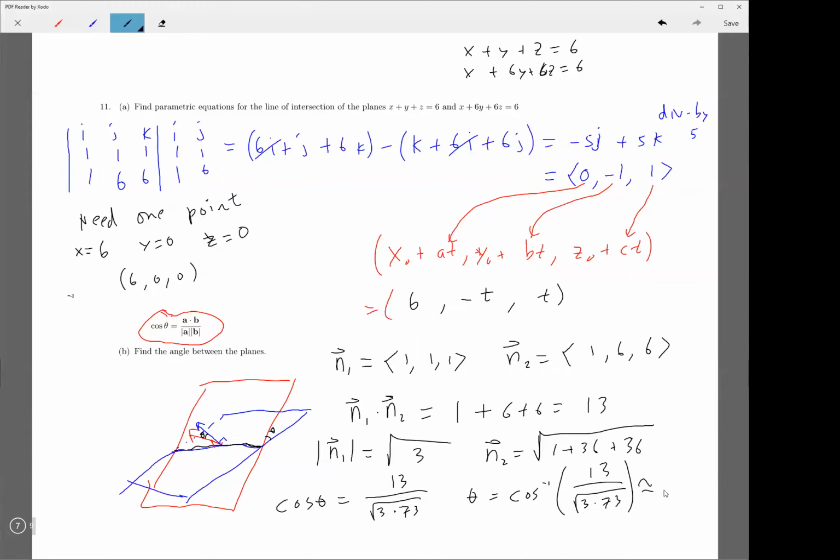And I get approximately 28.54, or rather, 28.5. Okay, so 28.5 degrees. And that worked for me in WebAssign.